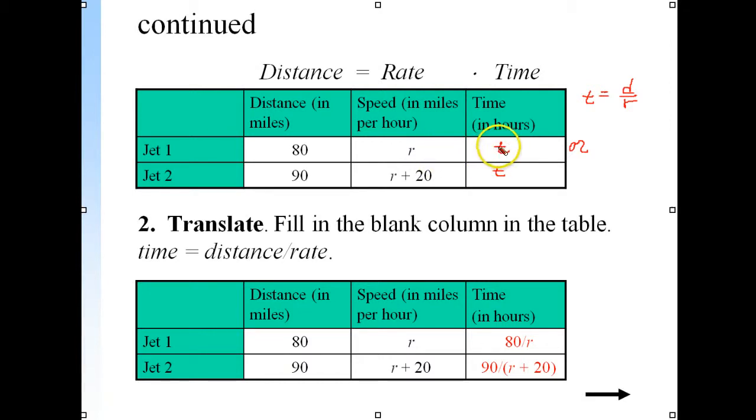So what is T? Well, we said T was distance divided by rate. Well, we know the distance and we know the rate. So this is going to be 80 divided by R, and this one is going to be 90 divided by R plus 20. And we know that time equals time here. So this will be one part of the equation, and this will be the other part of the equation.